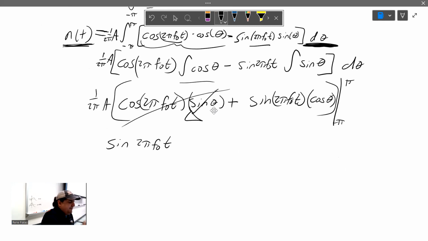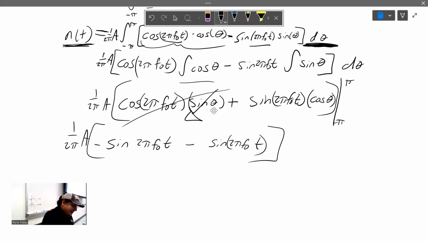Negative pi would be -1, so minus sine of 2 pi f0 t, cosine of pi is one. 1/2 pi a, and it's the same term, so it's two.